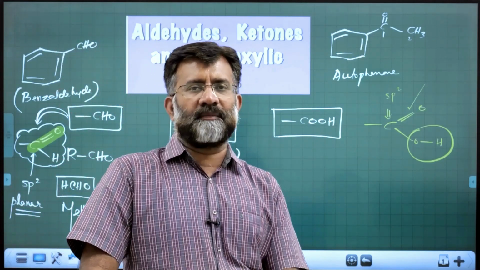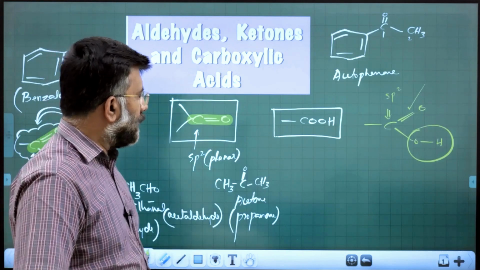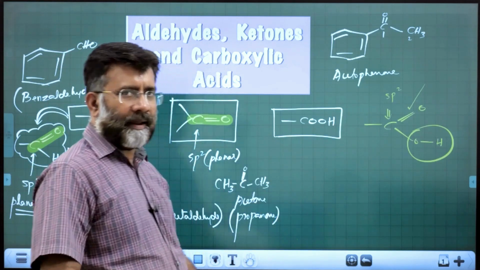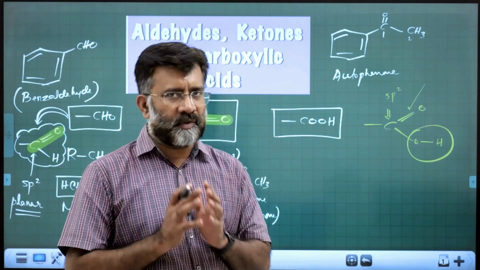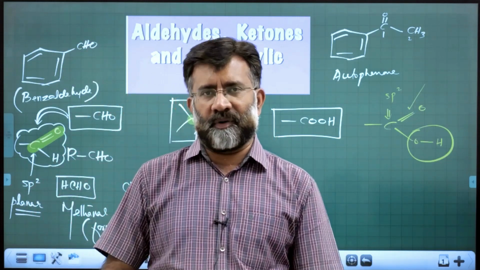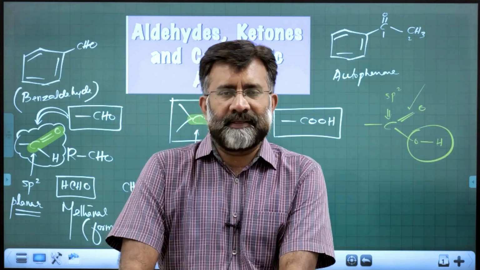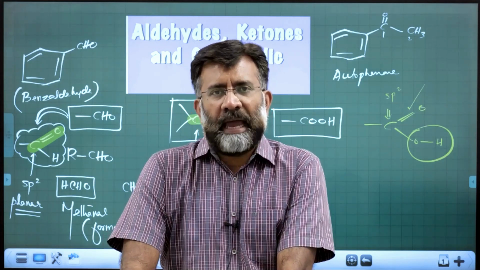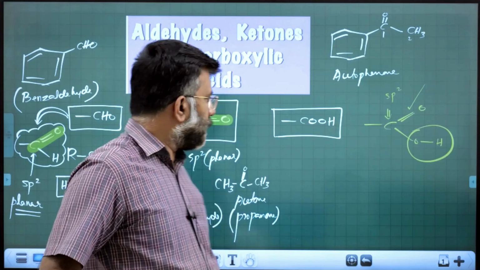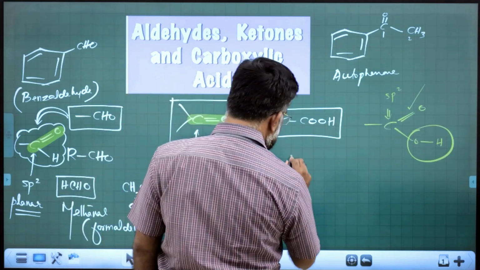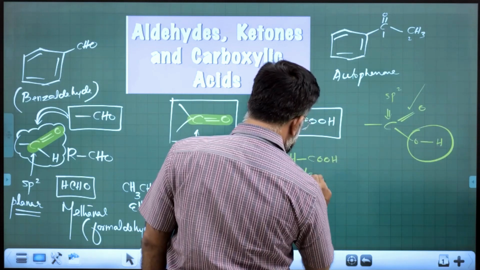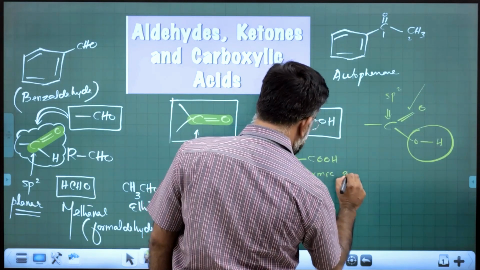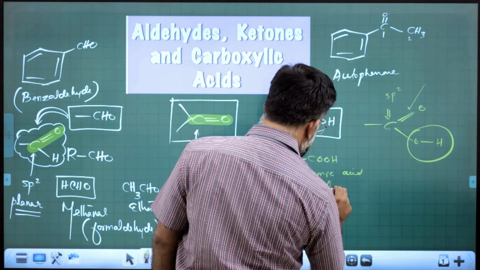It is called a carboxylic acid. That is the structural entity of carboxylic acid. Even though there is a carbonyl group, it is not called a carbonyl compound because it is an acid. It has the properties of an acid. That is the reason.